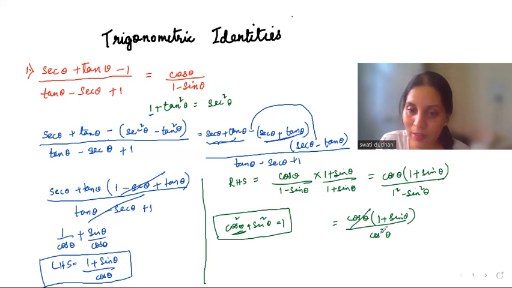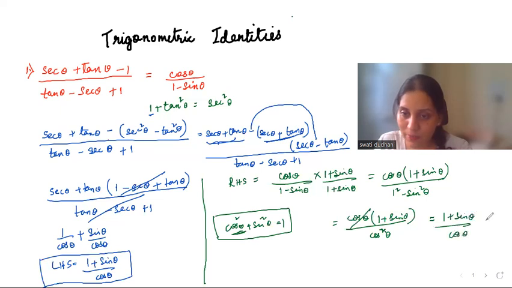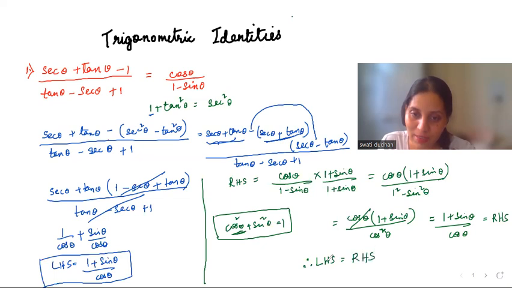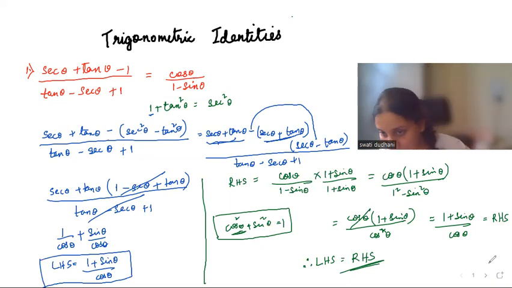I can cancel 1 cos theta and 1 cos theta. So I get 1 plus sine theta by cos theta. This is my RHS. If I compare RHS and LHS, they are both equal. Therefore, LHS is the same as RHS. I hope this is clear. So you always need to keep an eye on the right hand side.